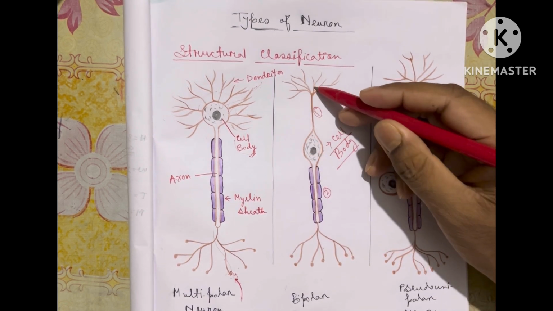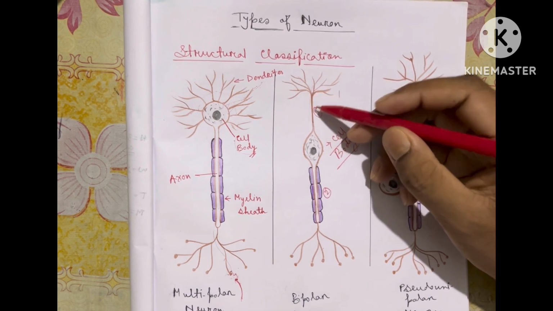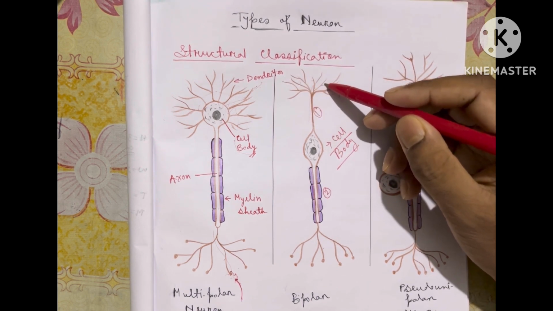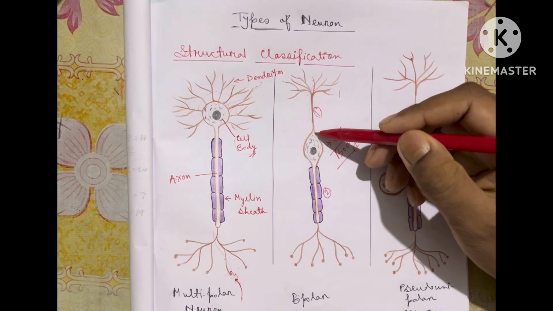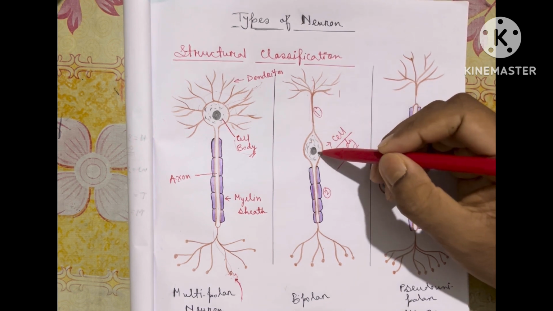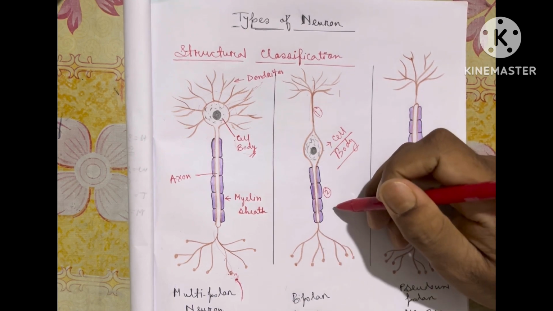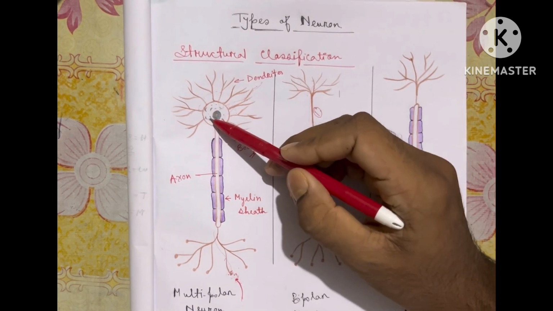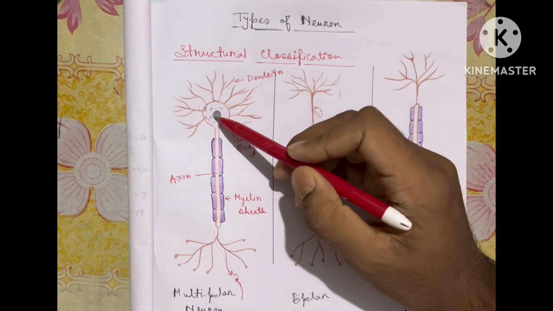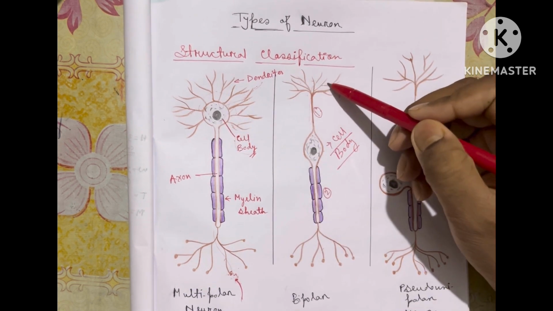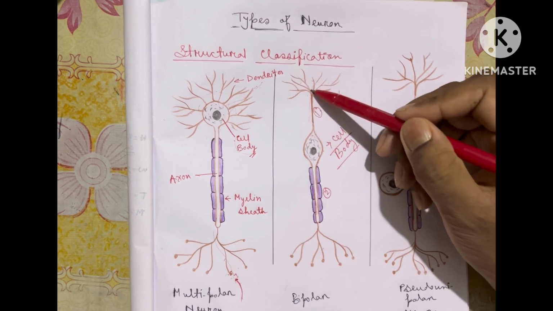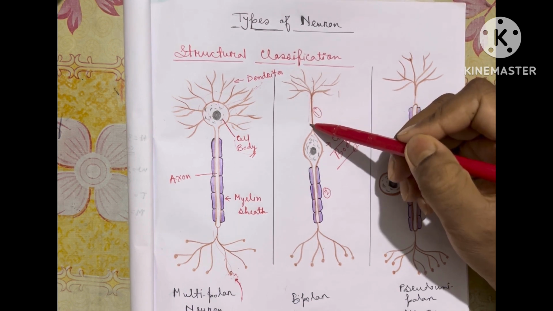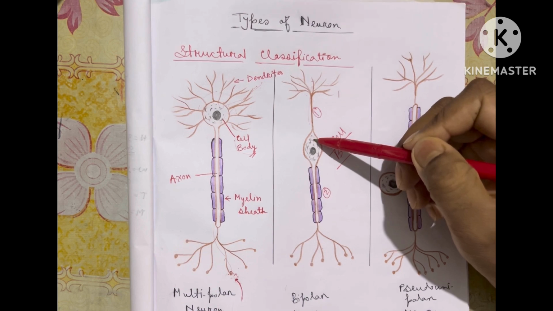This is the dendritic extension, where lots of dendritic extensions come together and make one single attachment with the cyton or cell body. Here you see lots of dendrites individually coming in contact with the cyton, but here lots of dendrites are coming together and they make only one extension, one single dendritic extension, and then it fuses with the cyton.